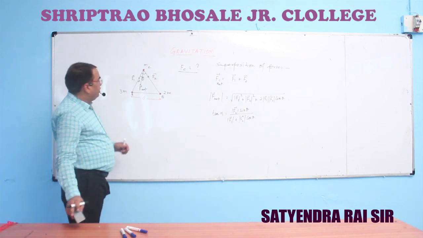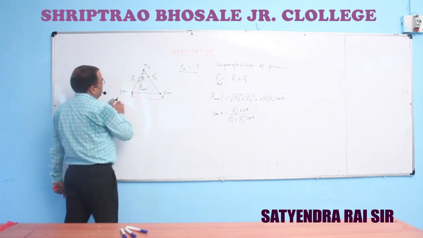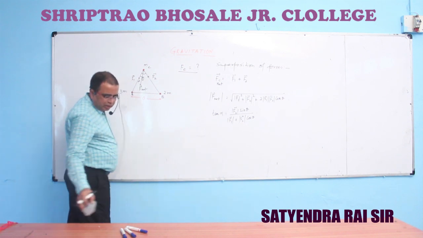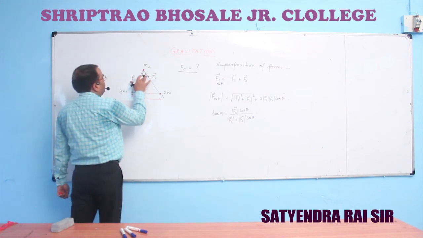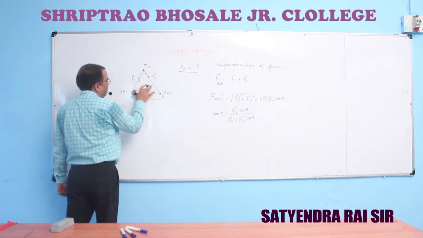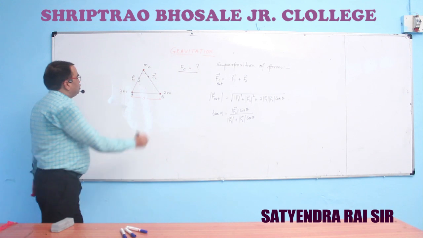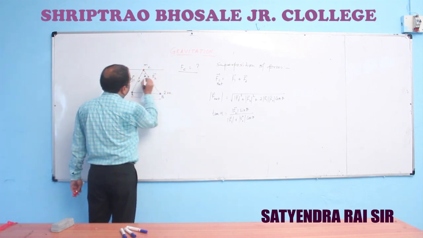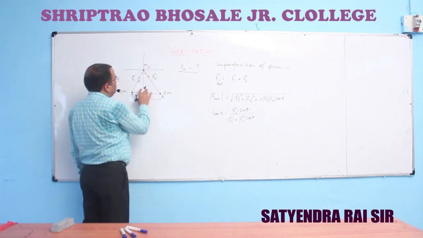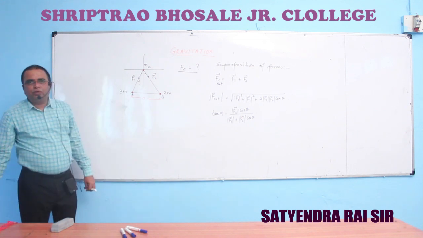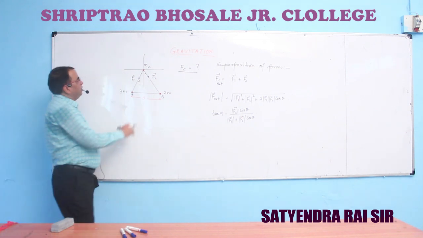So what do we do in the case of this kind of symmetrical figure? Let us do it another way. In spite of doing it this way, we can see one more thing. Let us draw the x-axis as well as the y-axis, two mutually perpendicular axes. This is F1 and this one is F2.